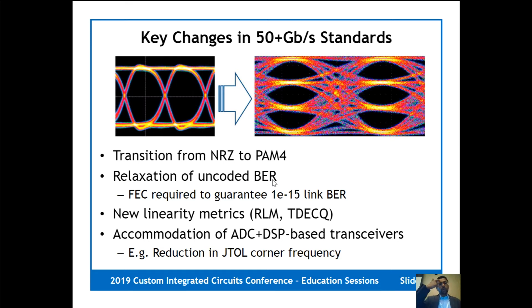I suspect we'll hear more about this in the third talk in this session by Dr. Franz. I'll just mention that in the context of standards, what that's translated to is a reduction in the jitter tolerance corner frequency. Again, this is something we'll see later. So the point is there are quite a few significant changes in going to 50 gigabits per second and beyond from previous generation SerDes and link designs.